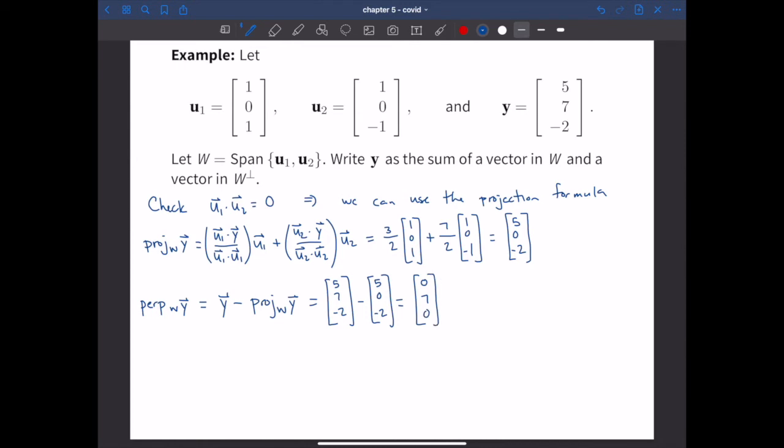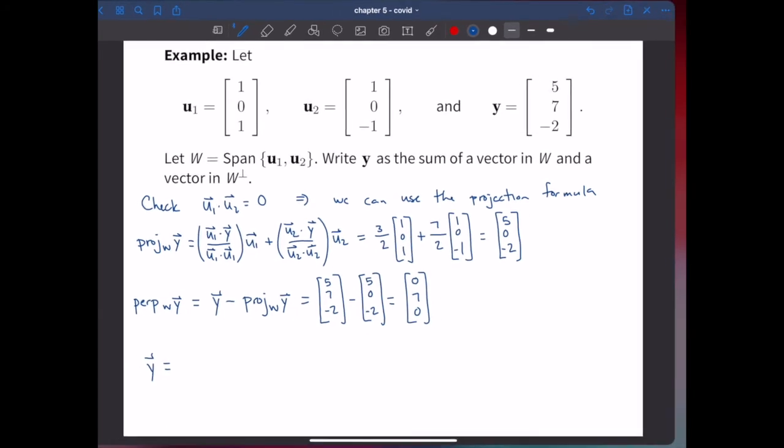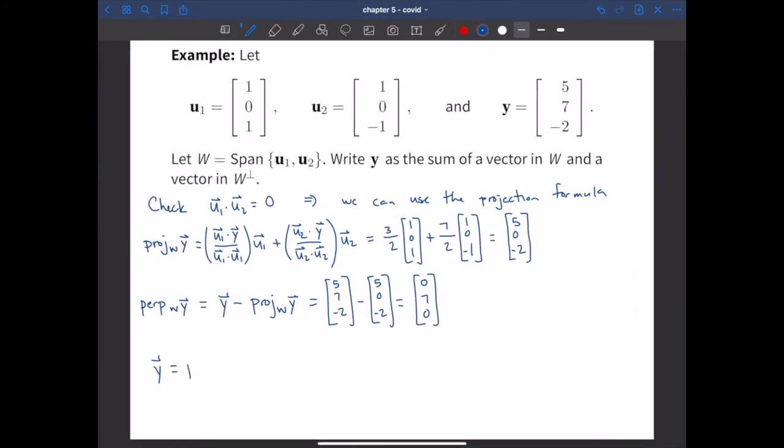Okay, so what this tells us is that we can take the vector y and split it up into two pieces, the projection piece of y onto w and the orthogonal component with respect to w, and those two pieces are 5, 0, negative 2 and 0, 7, 0. Okay, and this first vector is in w, the second vector is in w perp.